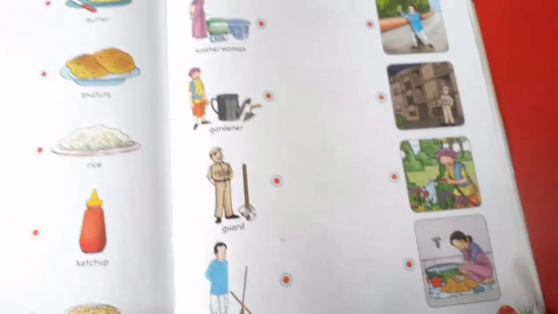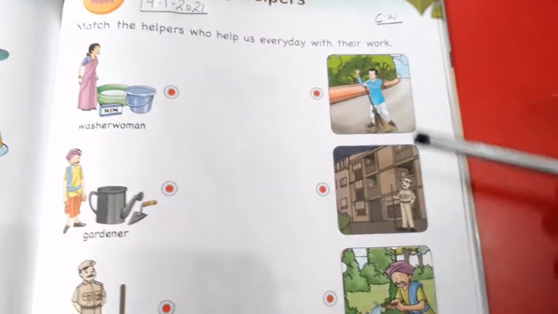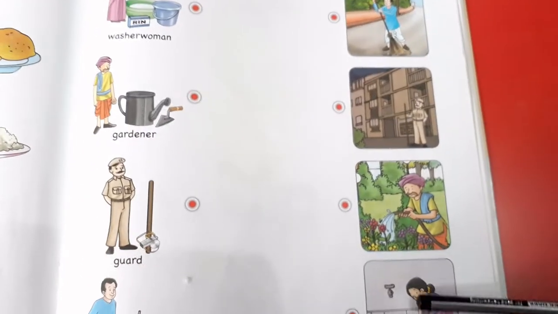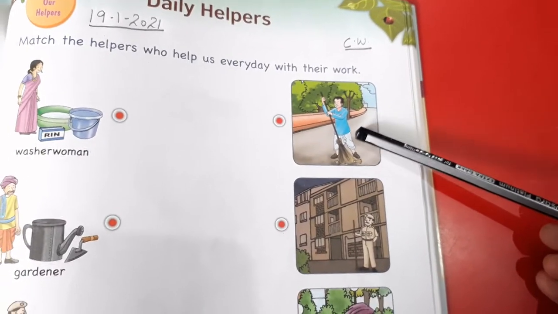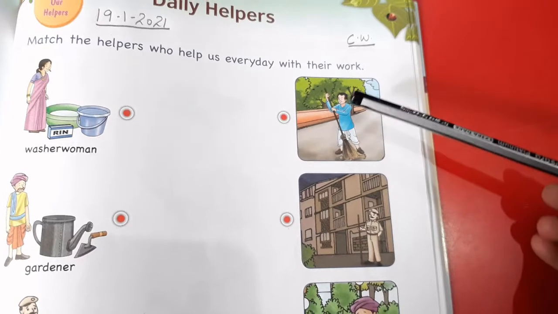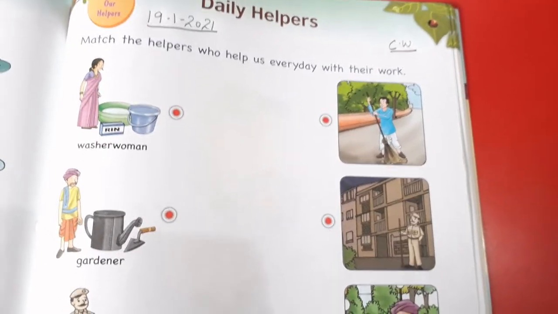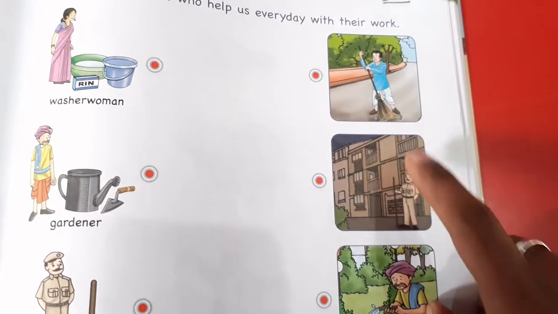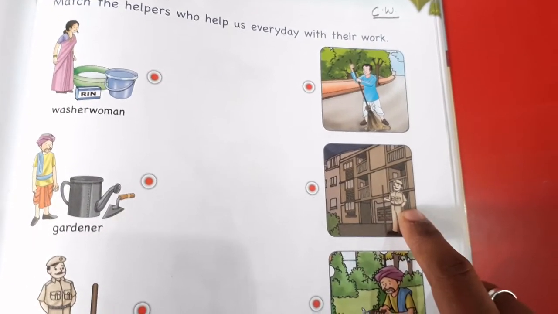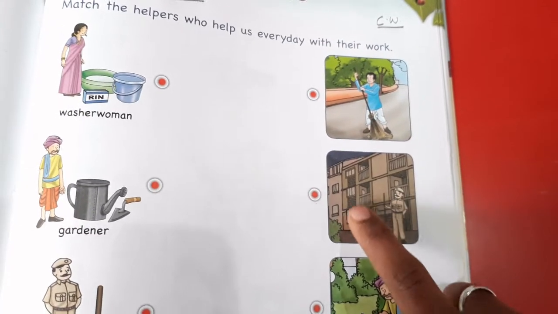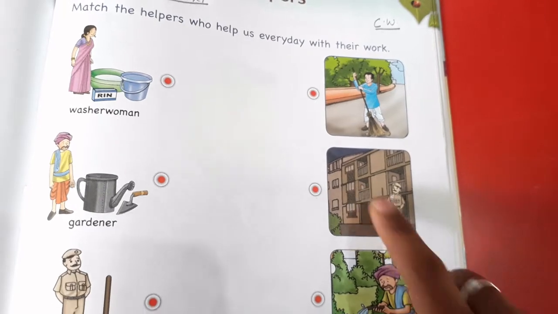So now what you have to do, we are going to match them with the work they do. ठीक है? First we have is the picture of a man cleaning the street. ये देखो, road clean कर रहे हैं with the help of this broom. Next we have is a guard. ये देखो, night में everyone is sleeping, but this man, the guard, is standing and taking care of the surroundings, taking care of our homes.